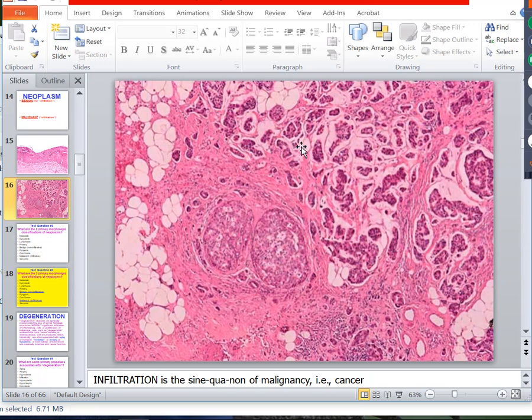Now, here is a breast. You're going to have to trust me on this. It could be any glandular organ in which you see some fat, and then you see some ducts. But now you see that some of these little epithelial or ductal structures have infiltrated into the surrounding fibrous tissue, and they don't belong there. So this is a malignant neoplasm.